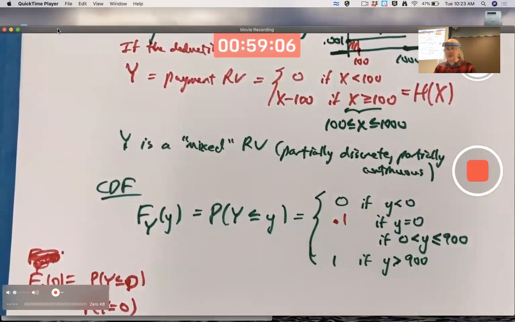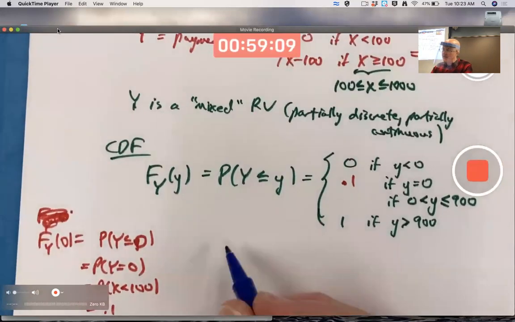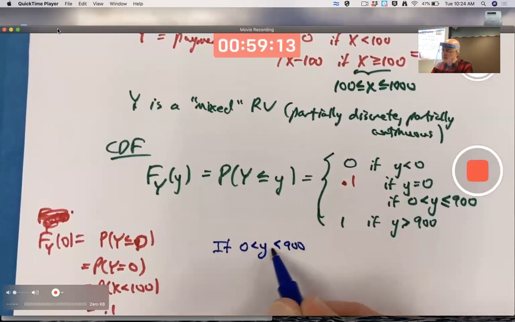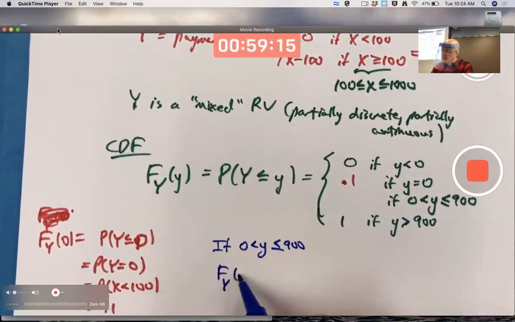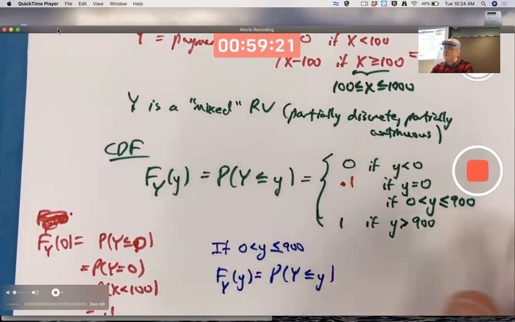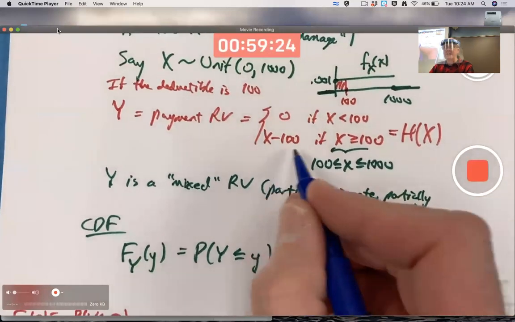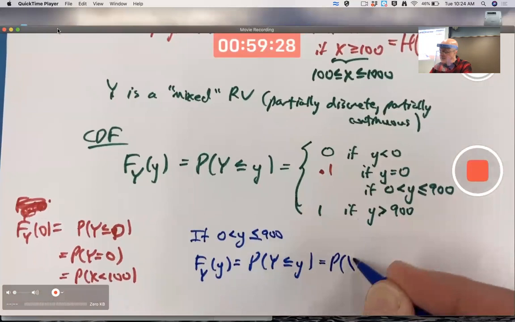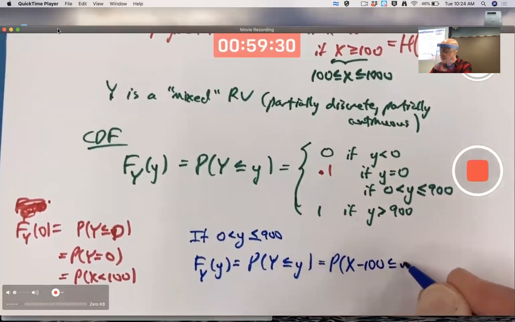That's another side calculation. If y is between 0 and 900, that's where I want to relate the formula. I want to relate capital Y to the formula in terms of capital X being x minus 100. So this is the same as the probability that x minus 100 is less than or equal to little y.